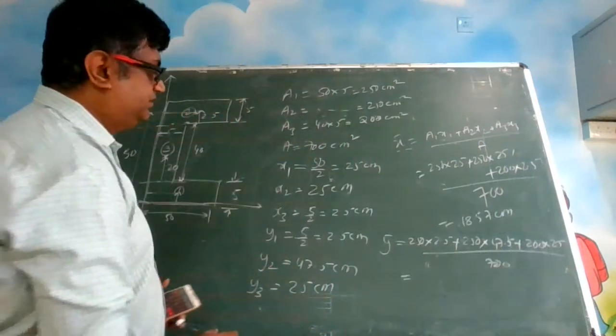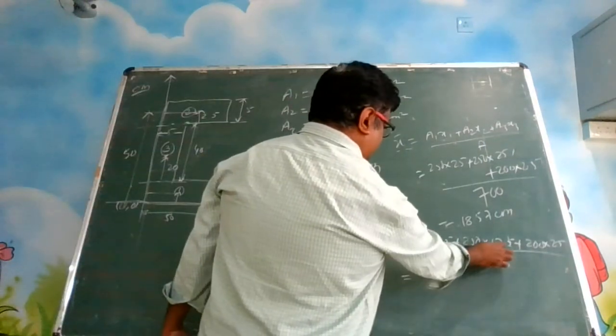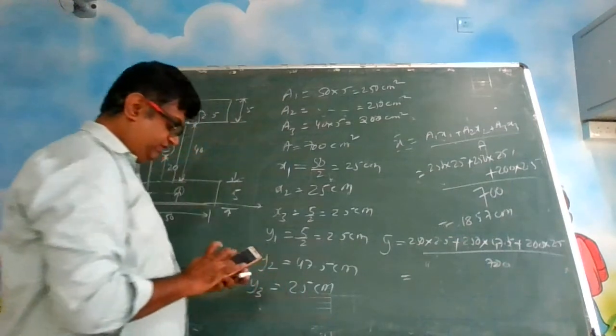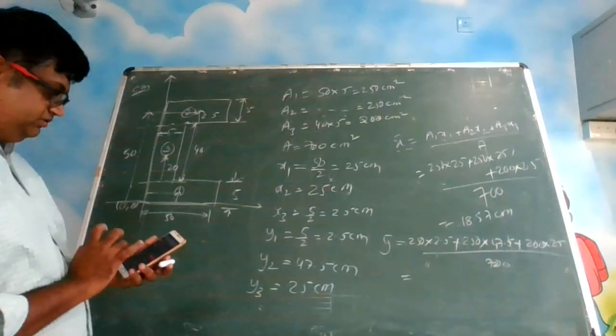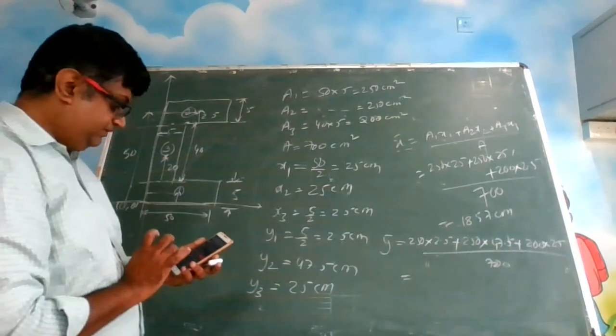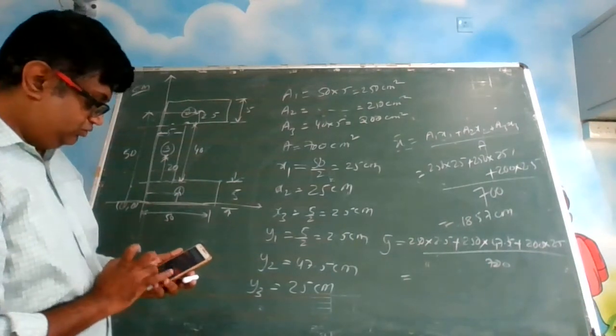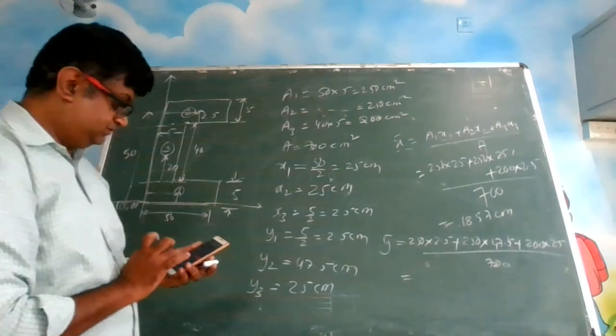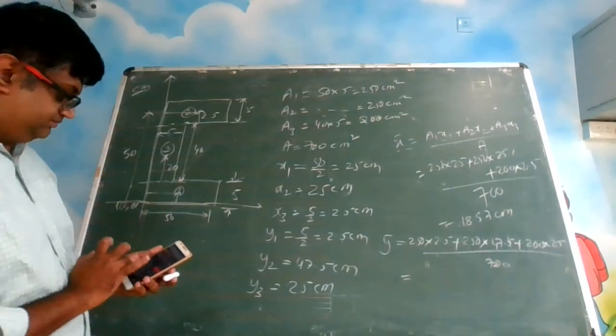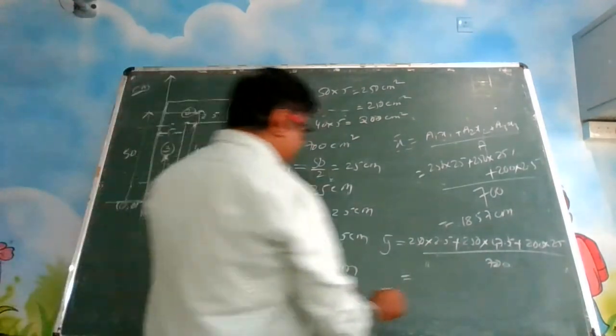Let us just calculate that. If you take 250 common here, 47.5 plus 2.5 is 50, so it is 50 into 250 plus 200 into 2.5, divided by 700. You got 18.57.